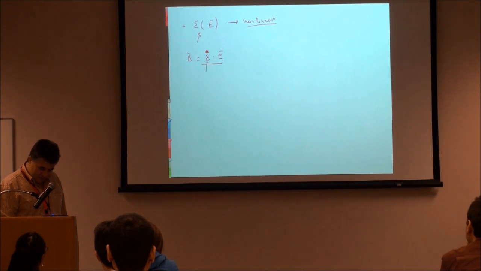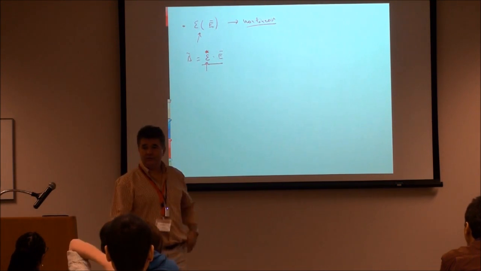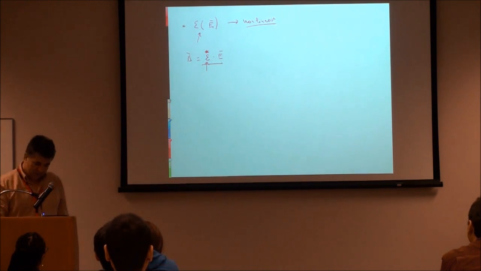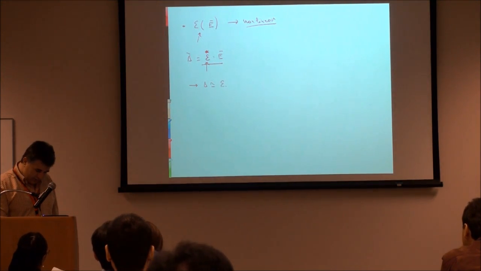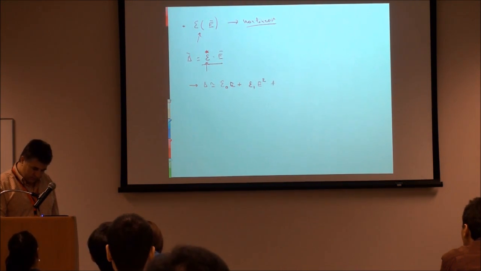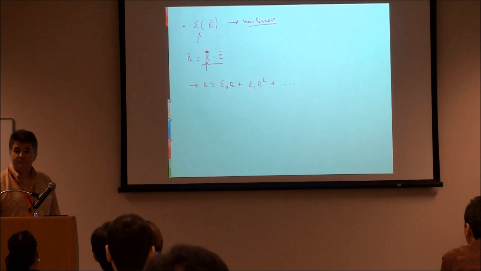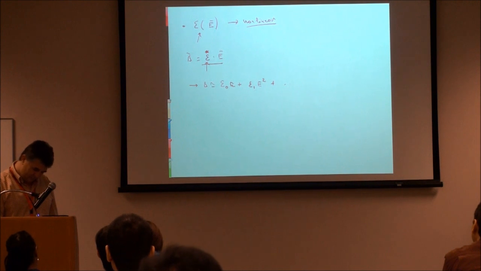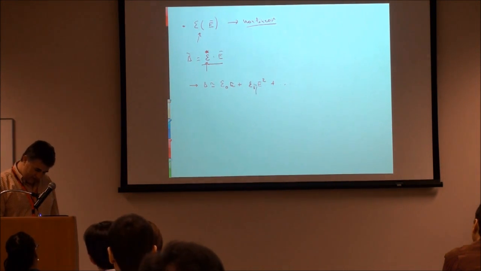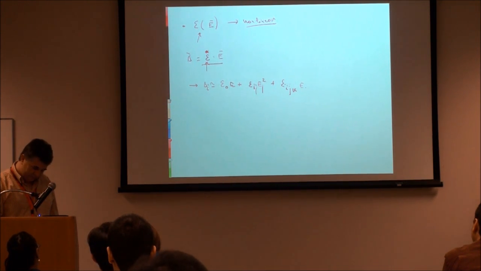In nonlinear case, if epsilon is a function of E, I can probably expand it in a Taylor series as a function of E, and I end up with something like D is epsilon 0 E plus epsilon 1 E squared plus and so on. But I should be more careful with what is here. I messed up.